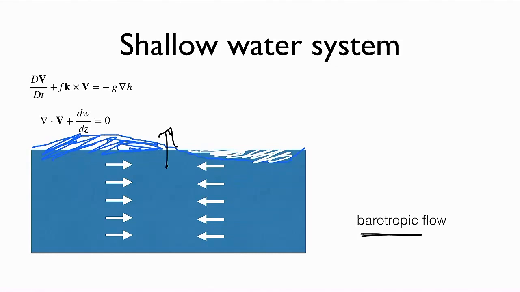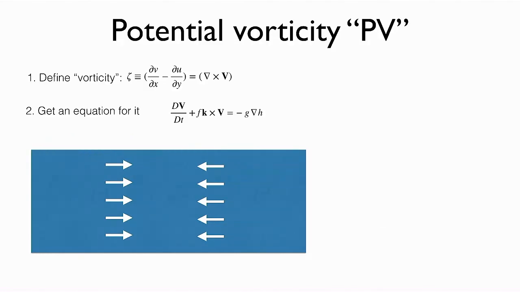So we would like to solve this, and one thing that I want to point out now, having done all that we've done, is it turns out, if we think back to our movie and noticing that things that were spinning seemed to be carried along, we might be interested in looking at the spin of the fluid. So we're going to define something called the vorticity, which is right here.